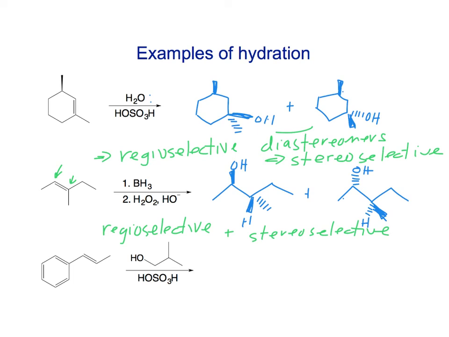Let's look at the last problem. So in this case, we have an acid-catalyzed reaction. We're going to add an alcohol to the double bond. So in this case, we're going to protonate. We have to figure out where is going to be the more stable carbocation, or if one is going to be more stable than the other. So we have 2 possibilities.